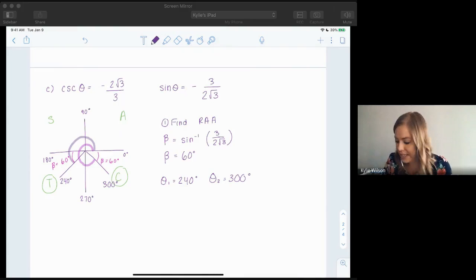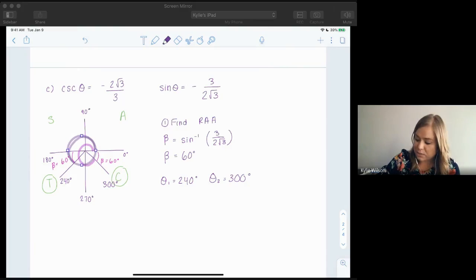Ethan's question: how did I get 240? Okay, I'm going to address Ethan's and then I'll address Jansen's question. So how I got 240 was my angle starts at 0, passes 90, passes 180. Once it passes 180, I go an additional 60 because of that related acute angle. So how I got 240 was I did 180 plus that additional 60.